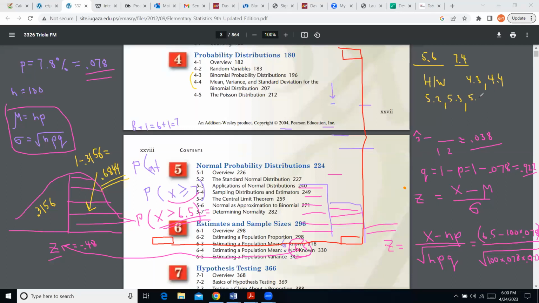That's for chapter 5. Then we moved to chapter 6 and did a couple of sections, 6.2 and 6.3. And finally, in chapter 7, we did 7.3 and 7.4. So these sections are for homework, and you can concentrate most on these sections.